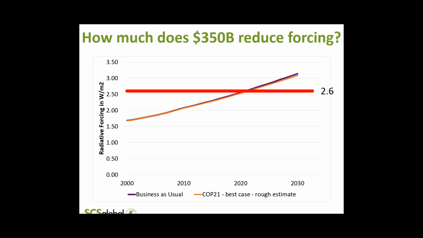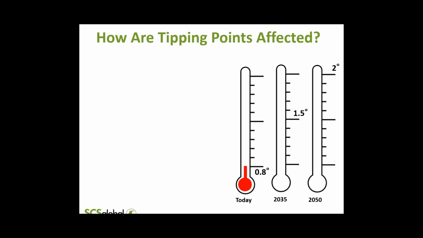As you can see, the purple line, as we said, goes past 2 watts per meter squared by 2020, 2.6 is the red line, up to over 3 watts per meter squared by about 2030. And you can see this barely reduces radiative forcing. There's only about a 2% reduction in forcing achieved by this optimistic negotiation. So not the most optimistic outcome.